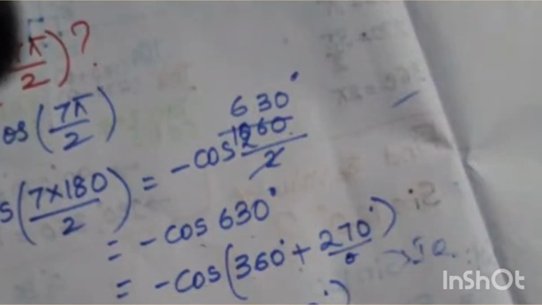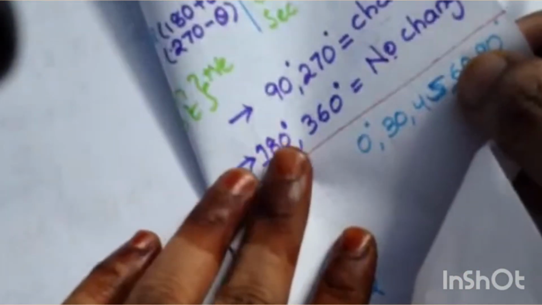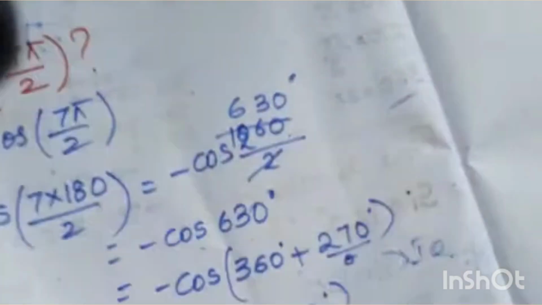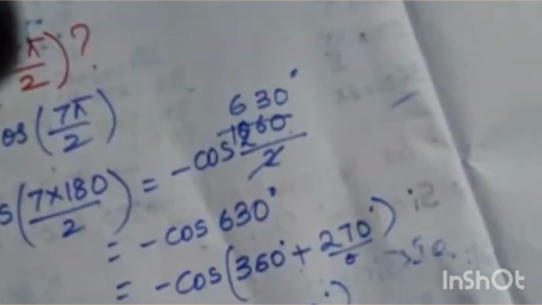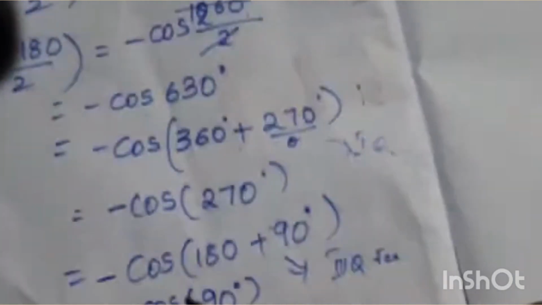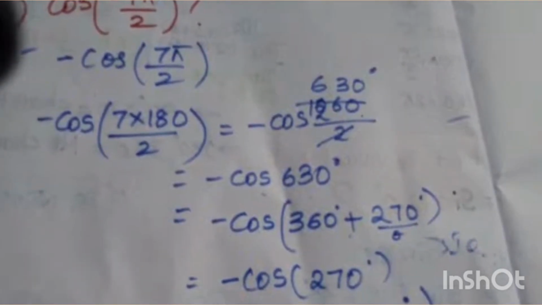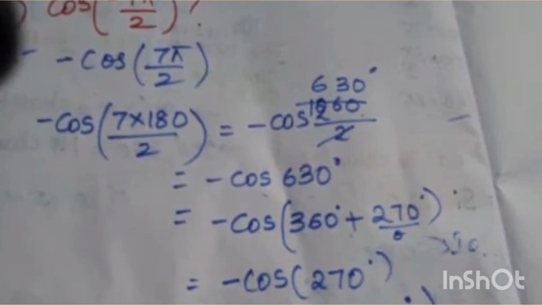Does 180 mean no change or change? 180 means no change. I have written the important points here: 180 is no change in angle, but the sign is minus because it is in the third quadrant. So cos 90 is 0, and minus of minus is plus, so 0 is the answer.